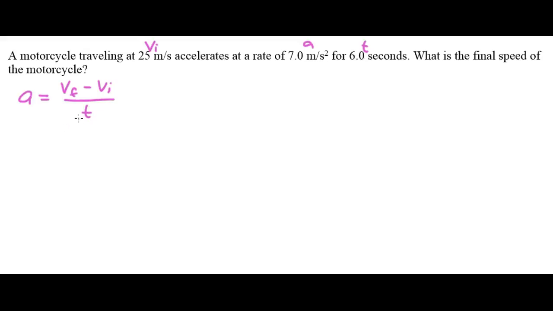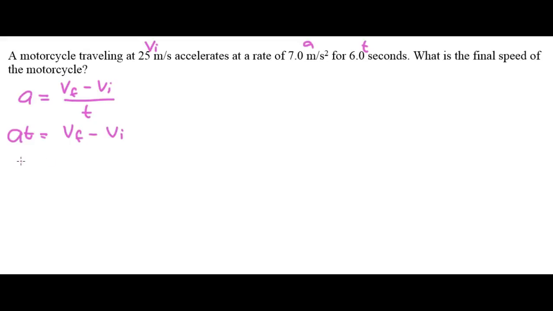If I multiply both sides by time, we'll get acceleration multiplied by time, and you would eliminate that time here because time divided by time is 1. So we have final velocity take away initial velocity.